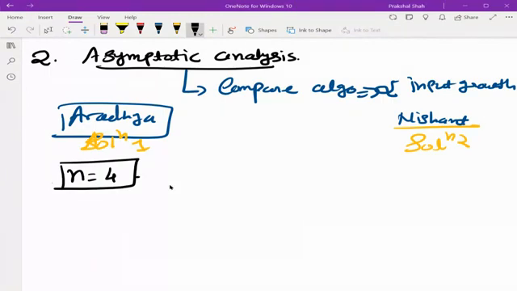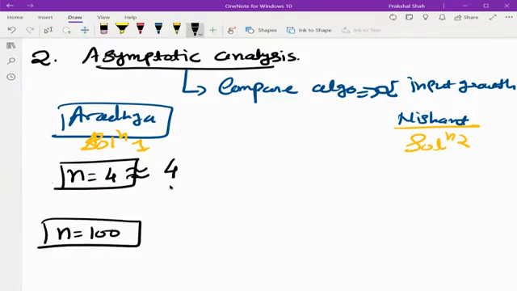If I have just written simple code, just assume that it will take 4 computer steps, although it's not always true, you know that. When I take n equals to 100, can I say it will complete in 100 computer steps?